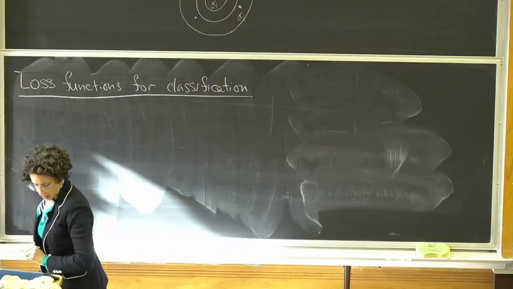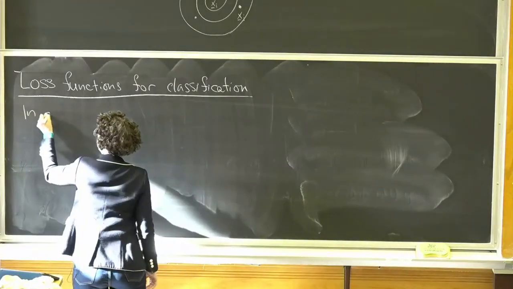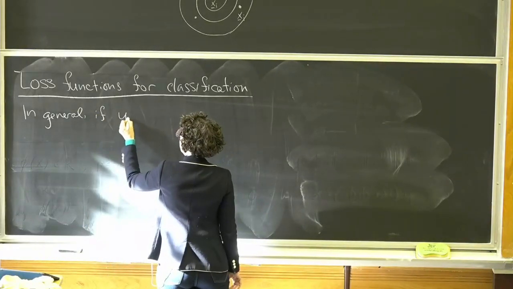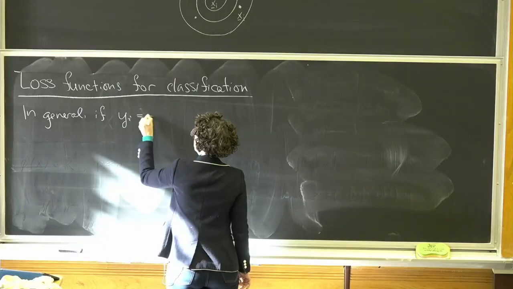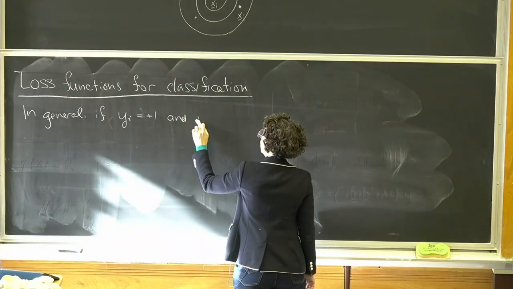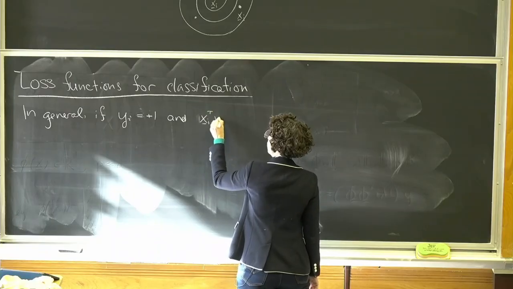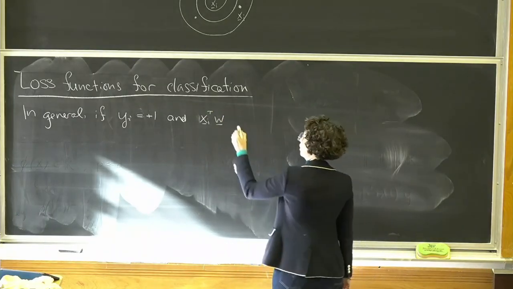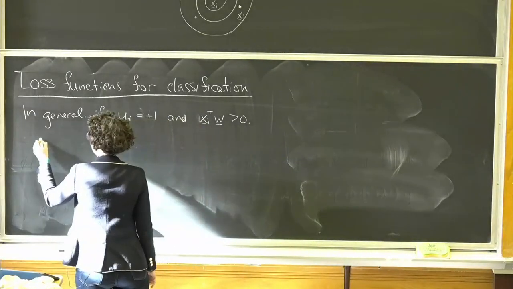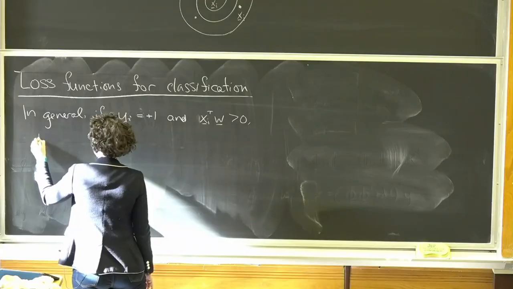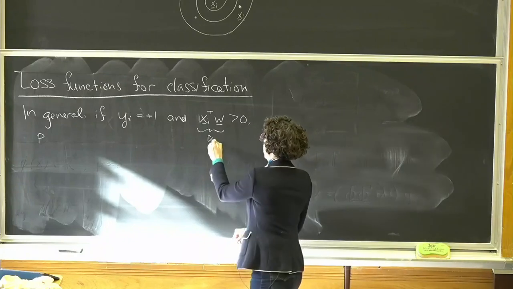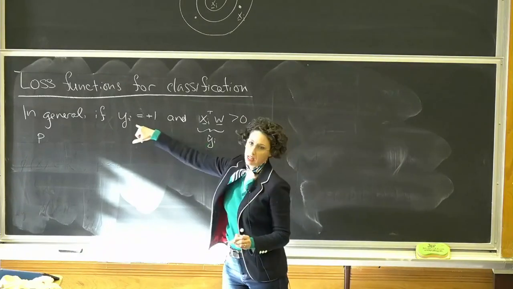In general, if our label yi is +1, and we have that our feature vector xi transpose times whatever weight vector we end up choosing is greater than 0, then what this means is, remember that this is y hat, so now y hat i and yi are going to have the same sign.